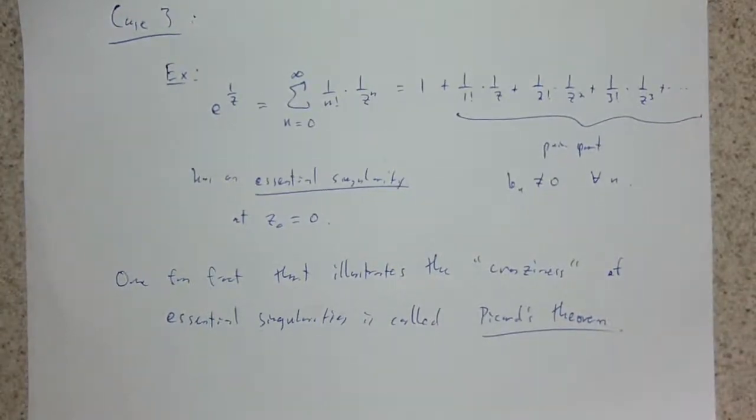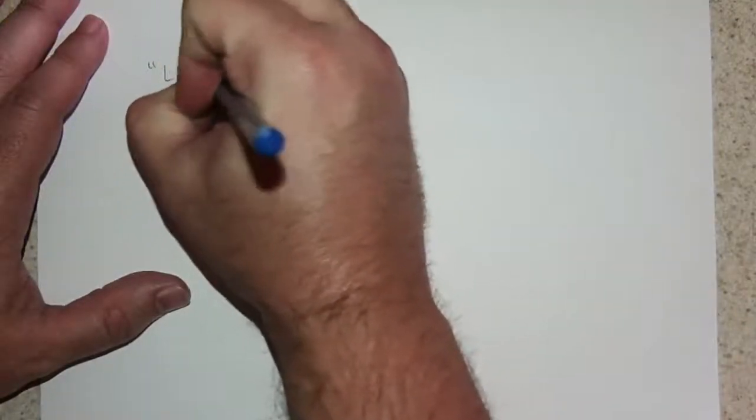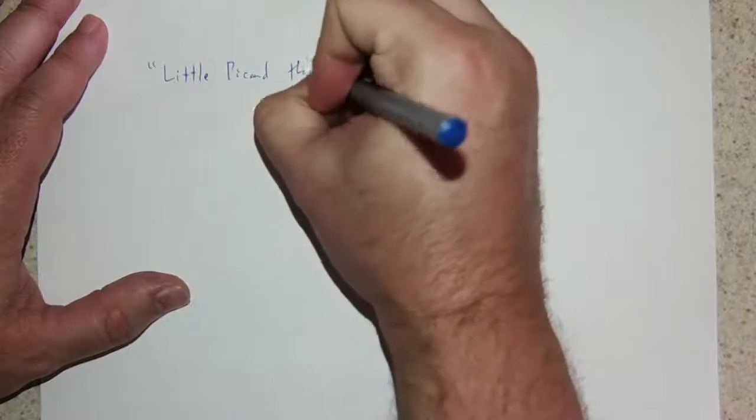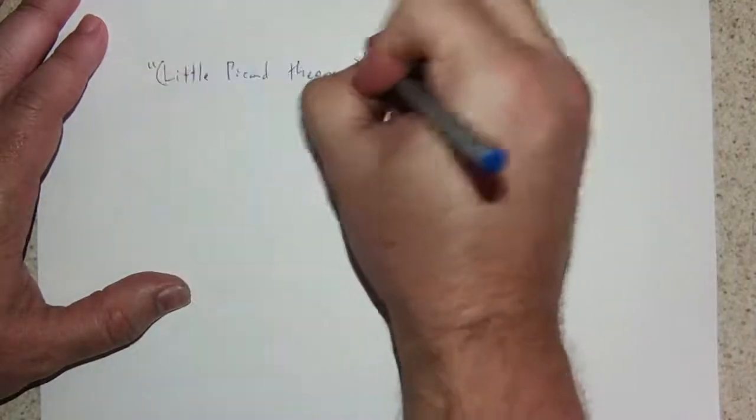I'm going to list two versions of it. One is a weaker version that has nothing to do with essential singularities, at least on the surface, and another one that does. So, two related facts. Little Picard. What is the Little Picard theorem?